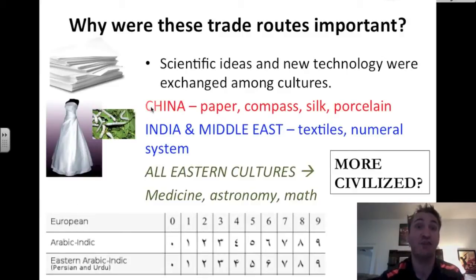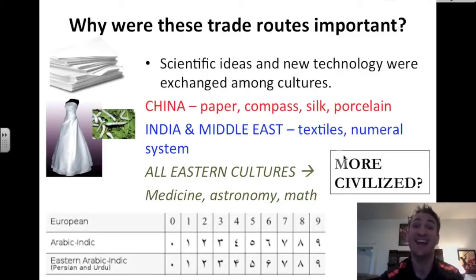China gave the West paper, the compass, silk, and you see a beautiful white silk dress and the worms from which silk comes, silkworms. China also gave the West porcelain. India and the Middle East gave the West textiles and a numeral system.